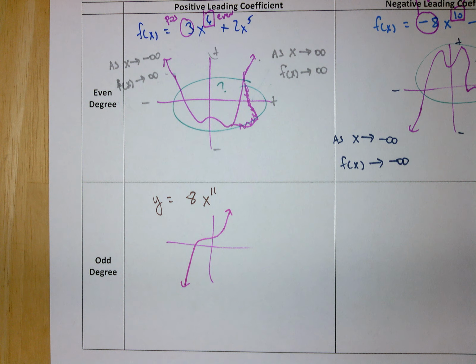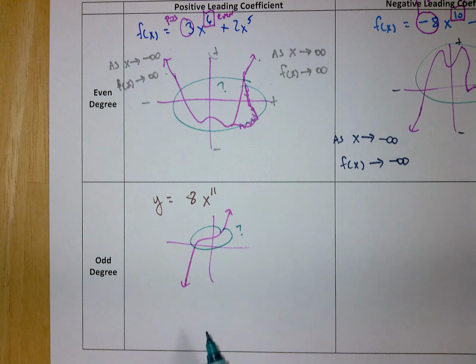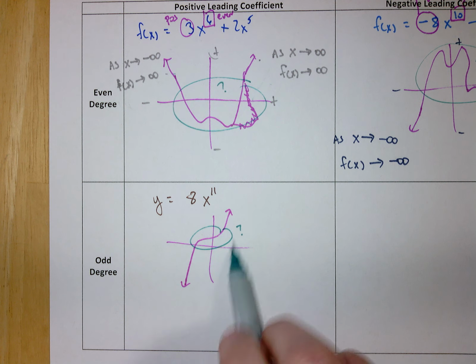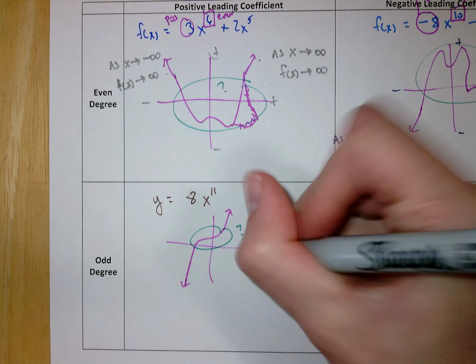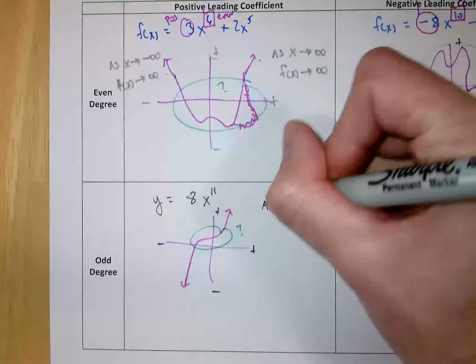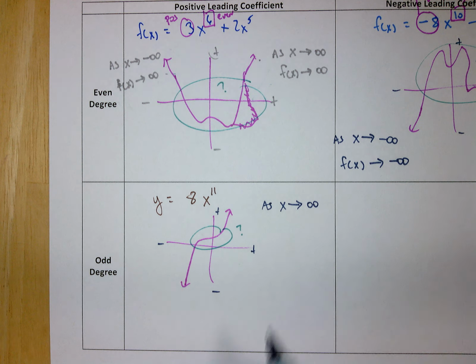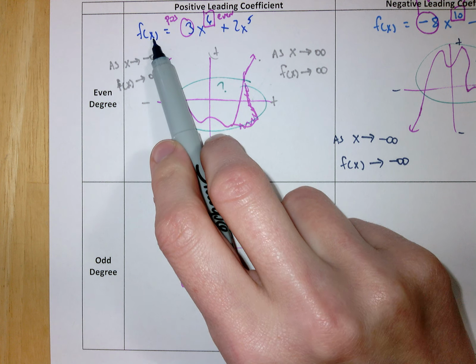Again, I don't know what's happening in the middle. Anything could be happening here. I have 11 options for zeros, so this thing can go up and down a whole bunch of times, maybe. What I do know is what the end behavior is doing: positive, negative, positive, negative. On this side, as x is approaching positive infinity, and here's the bit that's a tiny bit different, we were saying f of x before because that was an f of x function.